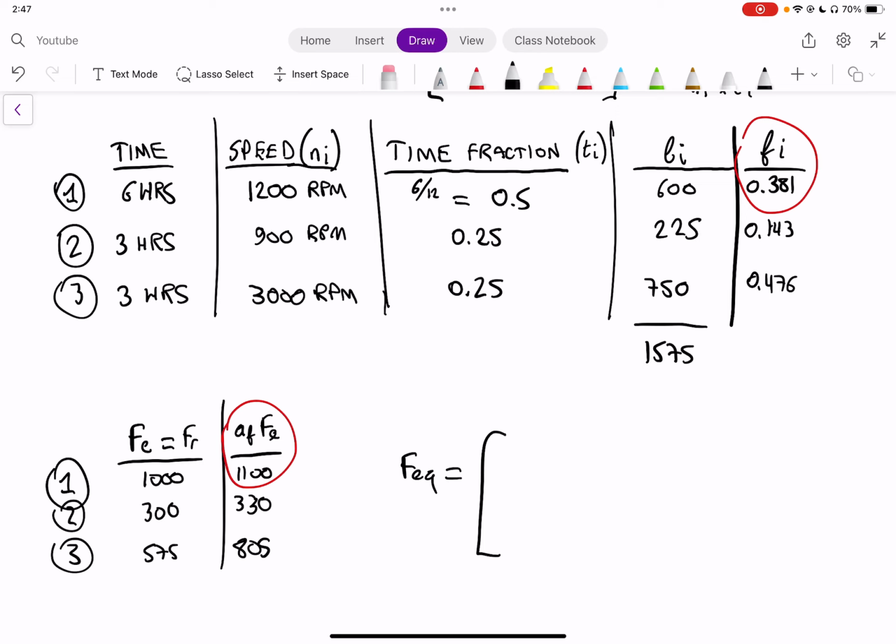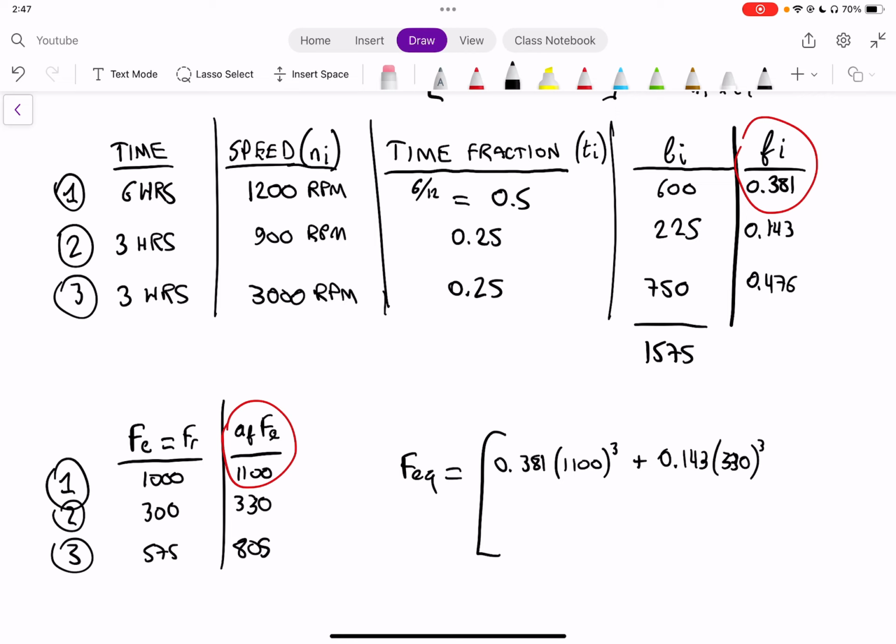So we're going to have 0.381 times 1,100 to the power of 3. That would be our first term. Our second term would be 0.143 times 330 to the power of 3. Okay, and you can kind of see how this is working essentially.